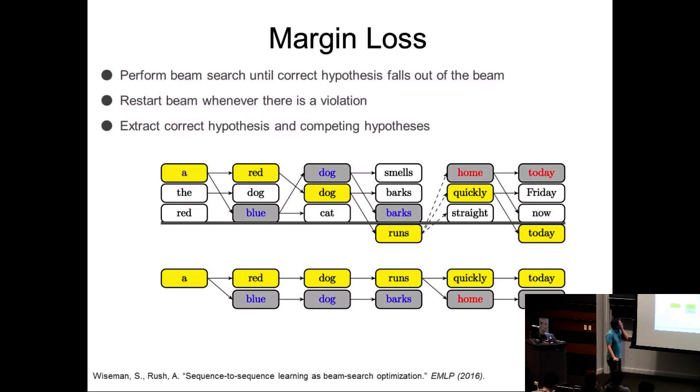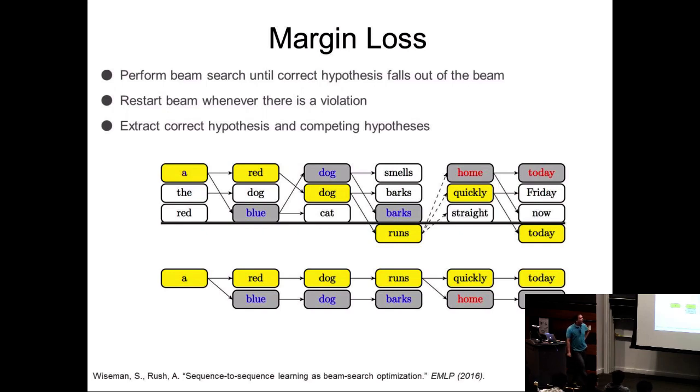Margin loss. Here's another loss function that people are looking at. You perform beam search until your correct hypothesis falls out of the beam. You restart the beam whenever there is a violation, and then you extract the hypothesis and competing hypotheses.